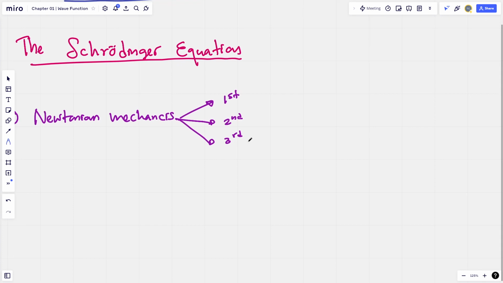The first law is, if an object is not experiencing any force, it will stay at rest or will move in a linear path at constant velocity. The second law is that the rate of change of momentum is equal to the force acting on that object.